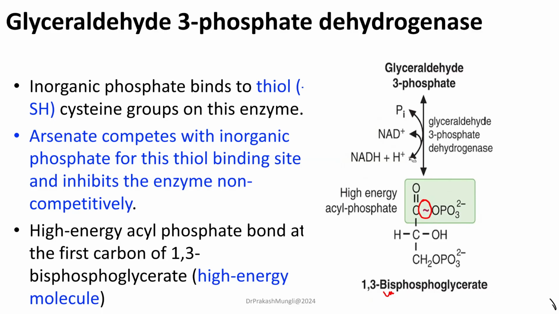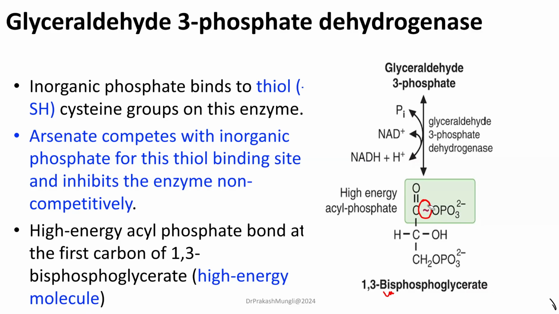And if you break that phosphate, it's an exergonic reaction. There is a potential to generate ATPs if you do that. And that's what happens in the next reaction. When you break open that bond and remove that phosphate, your cell will be able to make ATP using that. That is what is written, high energy acyl phosphate bond.